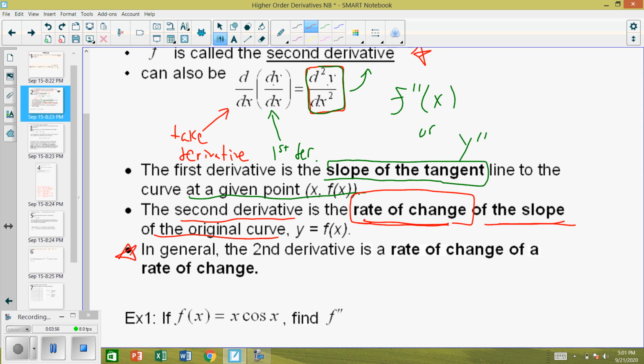I think this is what the third bullet point is trying to say. In general, it is the rate of change of the rate of change, the rate at which my rate is changing.